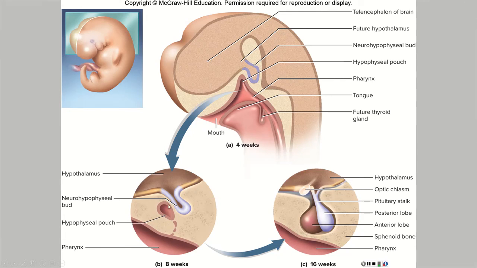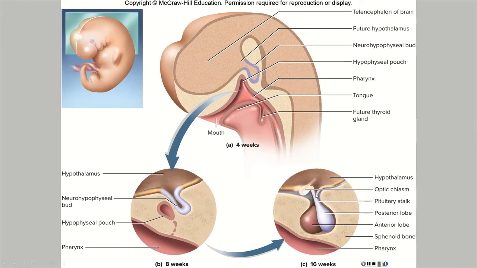It migrates upward and bumps up against that developing hypothalamus, which is extending down to form the posterior pituitary. And they kind of bump up against each other, and that glandular material eventually becomes the anterior pituitary. The anterior pituitary is glandular tissue.